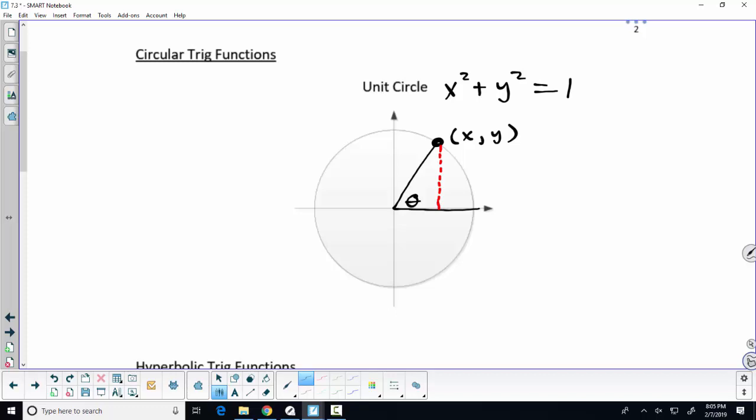So cosine of theta would give us what? x, or x over the radius. The radius here is 1. And the sine of theta is equal to y.